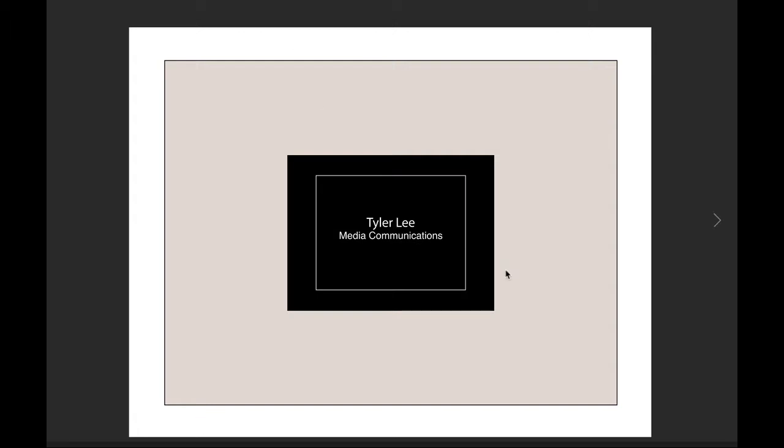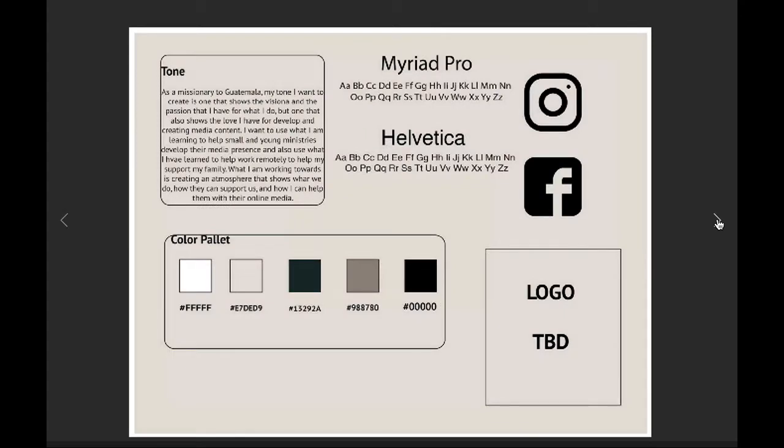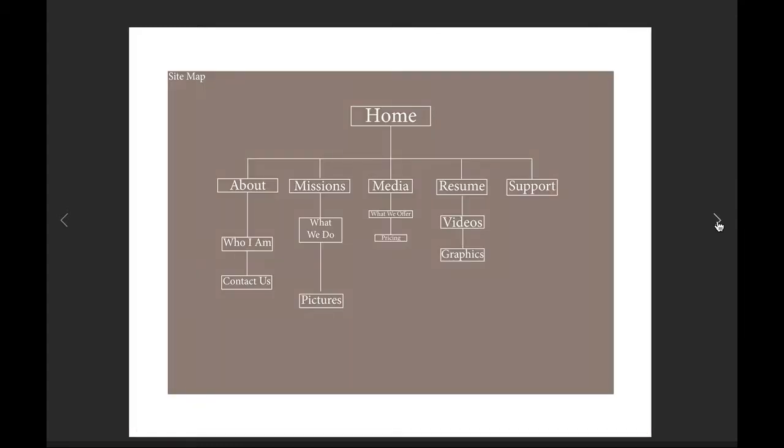Nice and clean, Tyler. I'm sure this is sharper in another context. It's a good color palette. Logo to be determined. Easy sitemap. Usually we make these the same size. If that means they all have to be smaller to fit, then that's what we do.